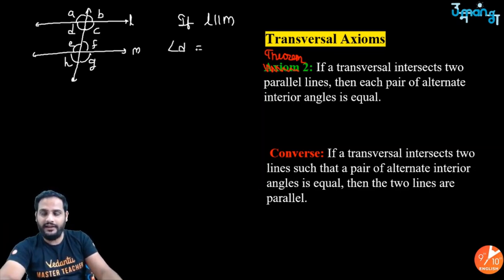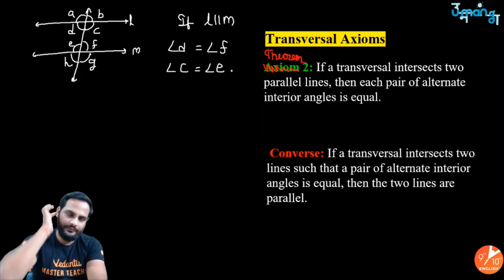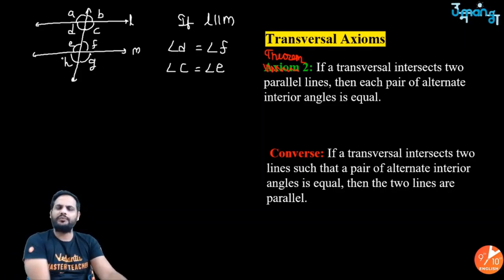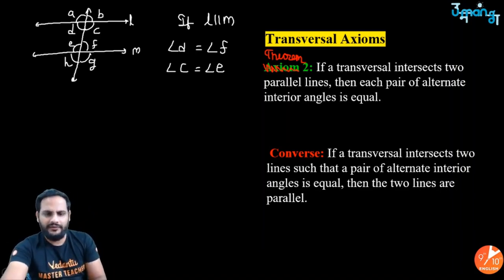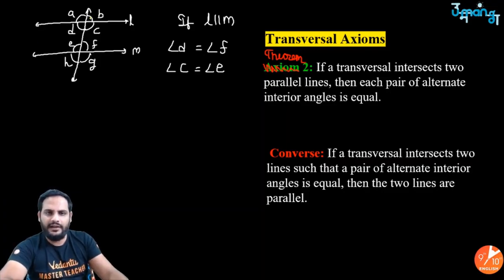So I can say angle D is equal to angle F and angle C is equal to angle E. Got it? Now look at this, how will I prove it? Proving is very easy, watch carefully. For the proof, the first step is that this angle B and angle D will be equal.